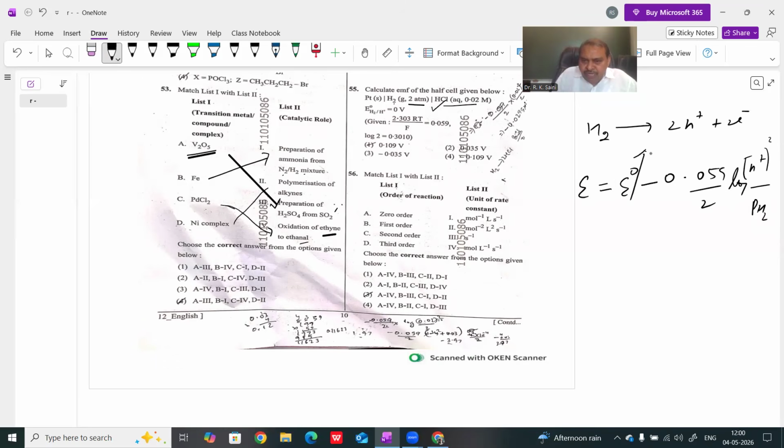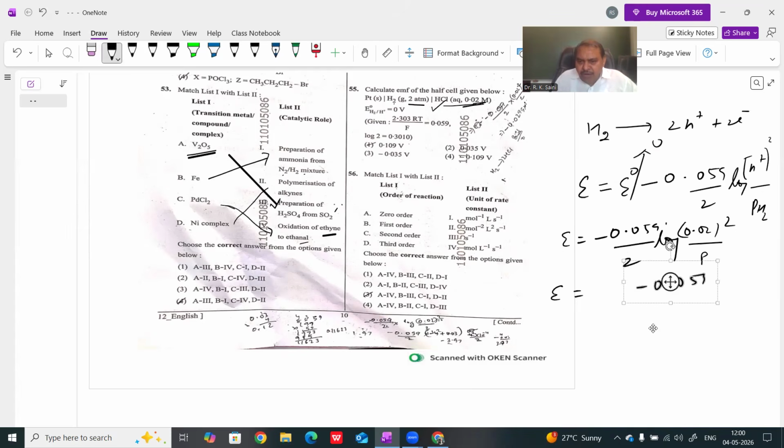The E° of the cell is 0, and hence E equals minus 0.0591 divided by 2 log of the H+ ion concentration. HCl is a strong electrolyte, and its concentration is 0.02 squared, and the pressure of hydrogen gas is 2 atm.